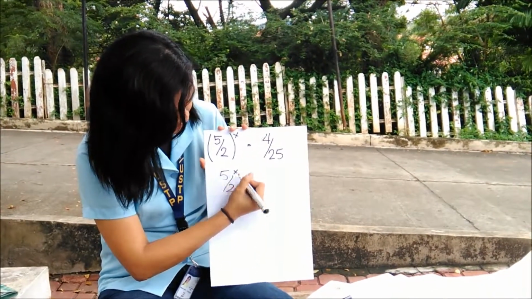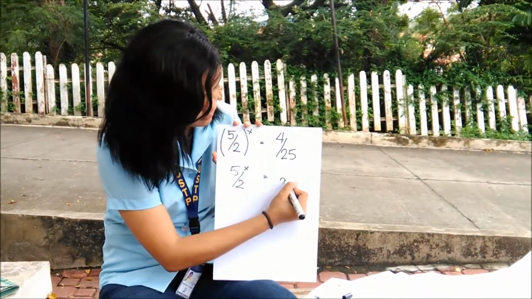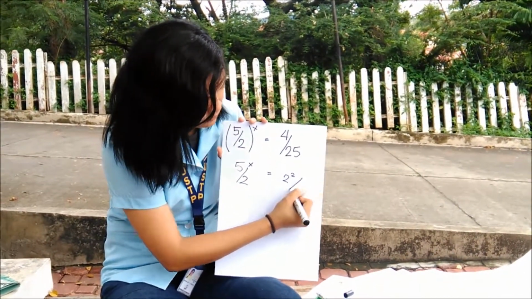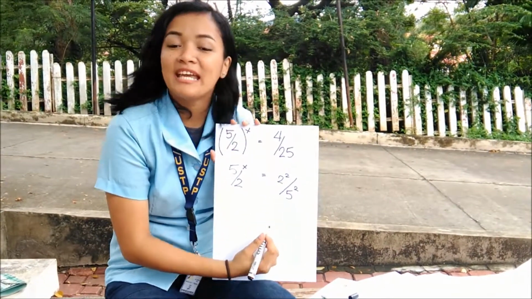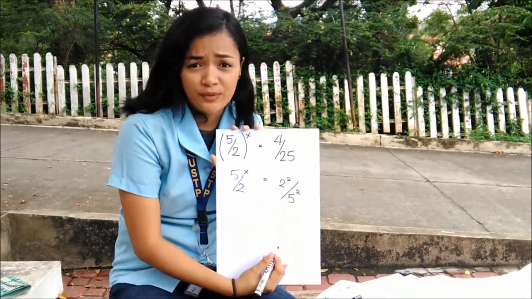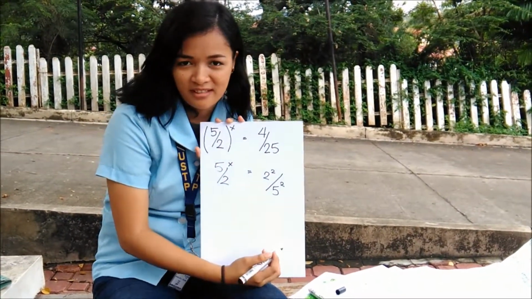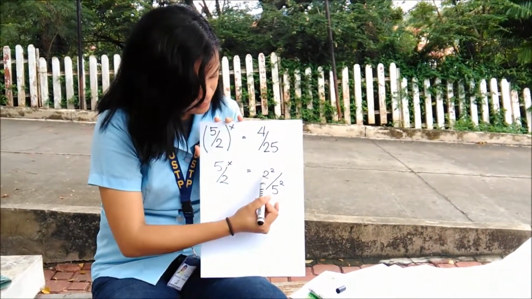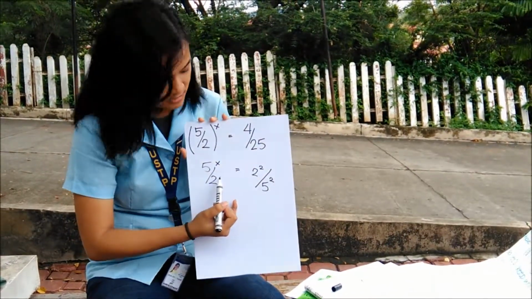Now we're going to rewrite this as 2 squared over 5 squared. And again, same rule on exponential equations. We are going to keep working at it to find the like bases. Now we have 2 squared over 5 squared, and we have 5/2 to the x here.